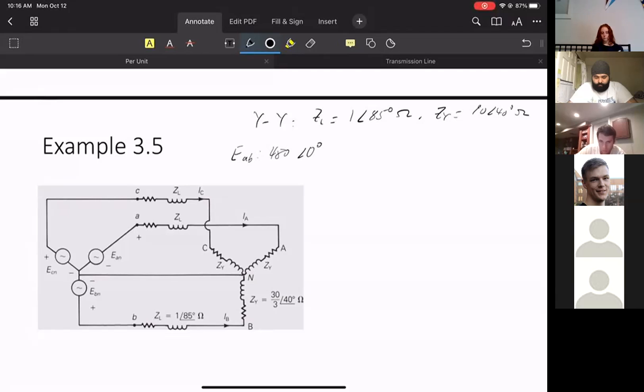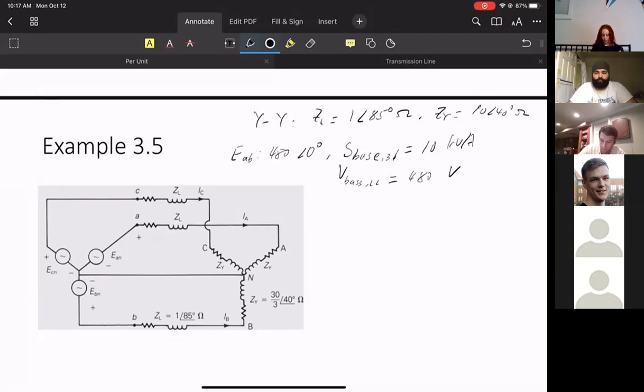And what we have now is the rated power, the base power, which is three-phase 10 kVA. And we choose a base line-to-line voltage to be 480 volts.